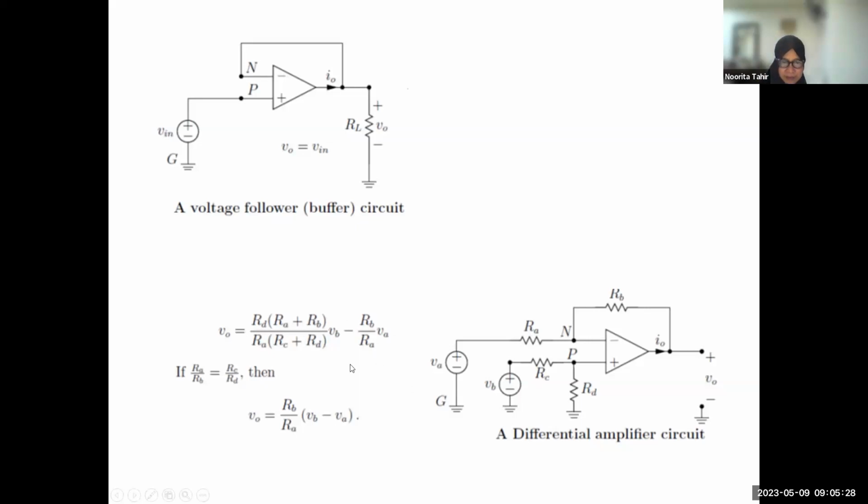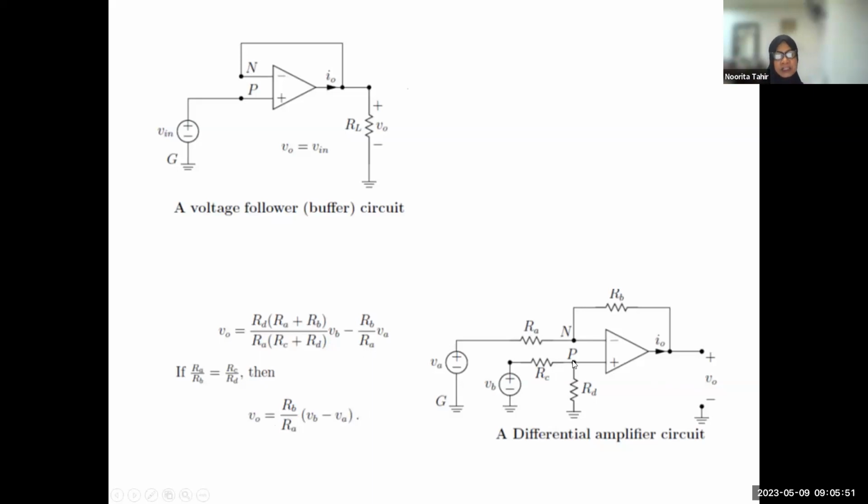From the derivation, when we assume all the resistors are equal, the output voltage will be the difference VB minus VA, times the voltage gain, which is the feedback resistor RB over RA. How do we get the point P here?